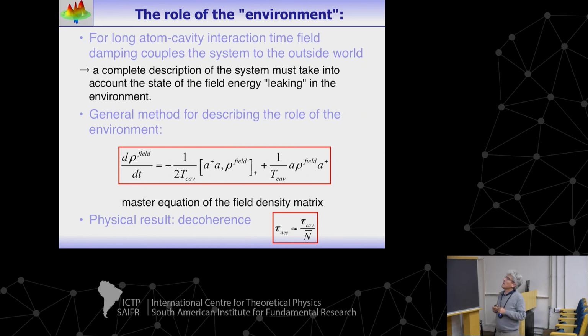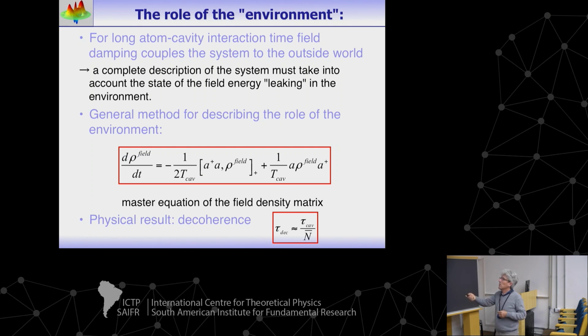And indeed, the general method for describing dissipative evolution of the field state due to energy damping corresponds to this master equation, which gives the expression of the derivative of the density operator of the field as a function of, basically, one parameter, which is the cavity damping time, the energy damping time of the cavity, which is the exponential time constant of this energy damping process, and the operators A and A dagger.